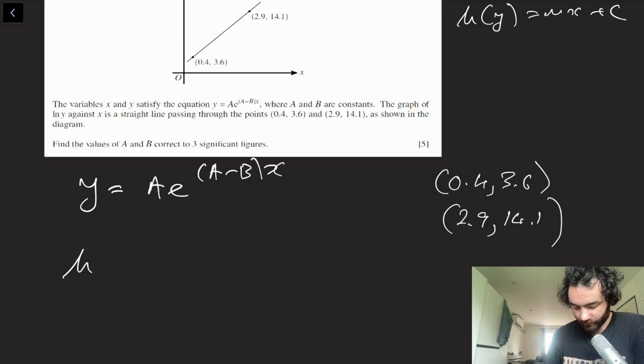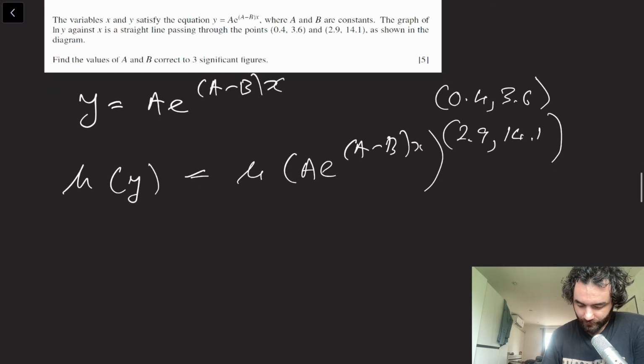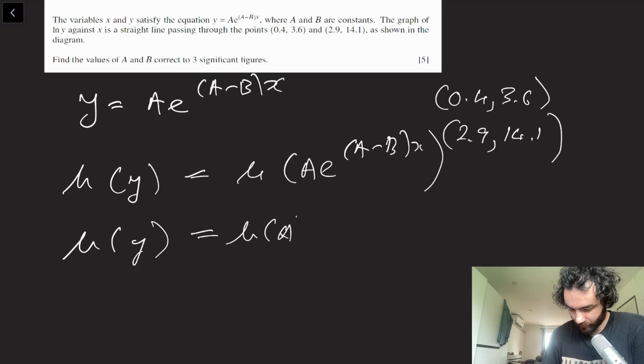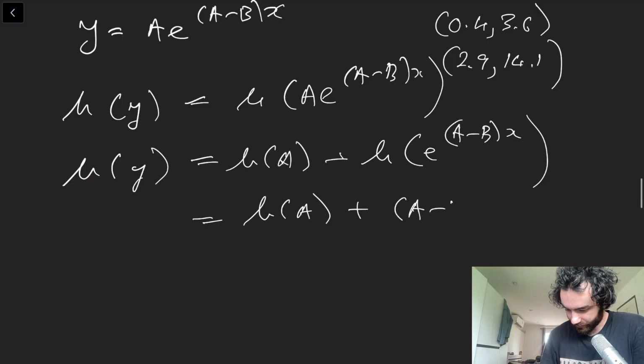So if we take the log of both sides, ln of y equals ln of a, from our product rule, plus ln of e to the a minus b x. We can drop this down: a minus b x times ln of e.